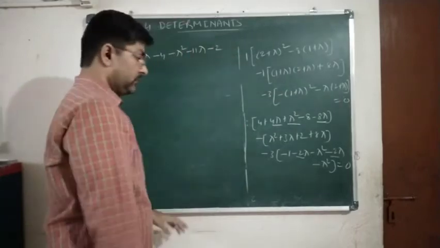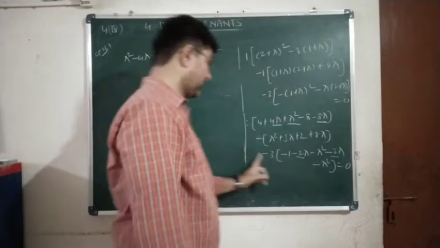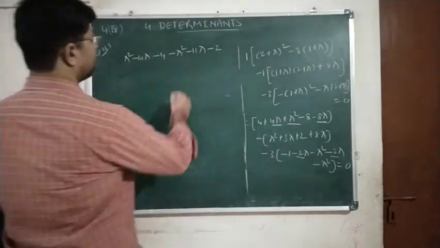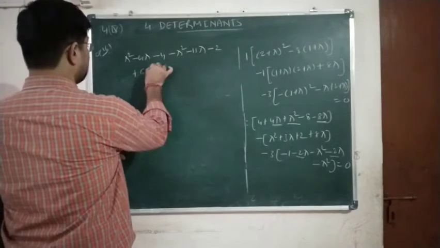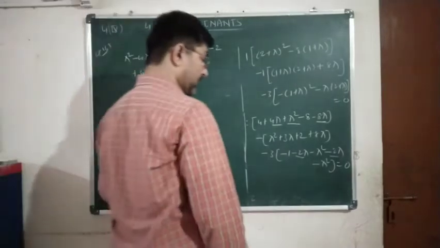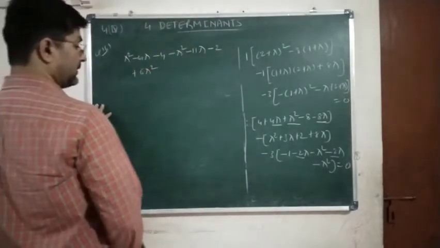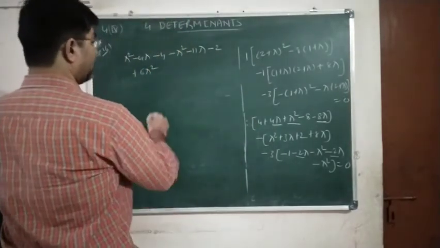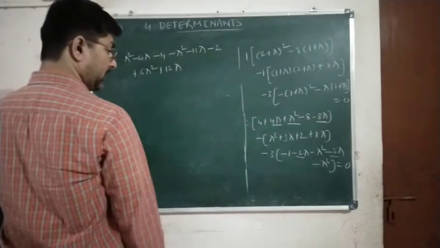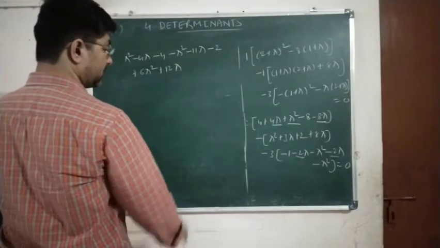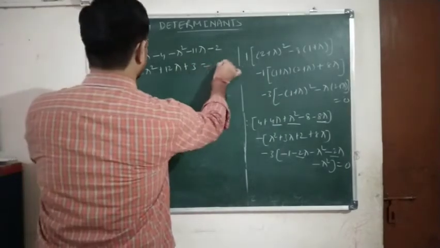Again here minus 2 lambda square and into minus 3, so plus 6 lambda square, plus 12 lambda and plus 3 equals 0.